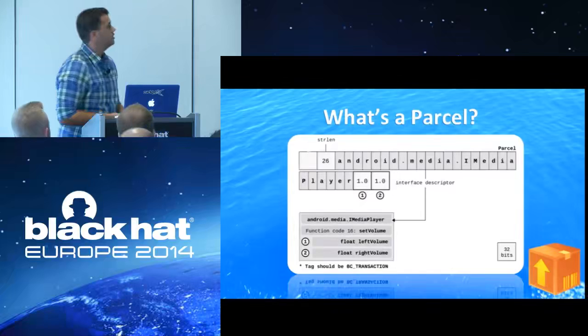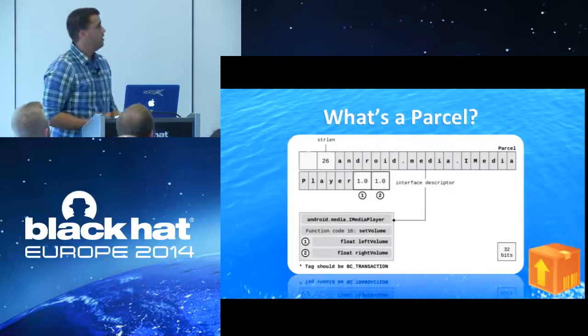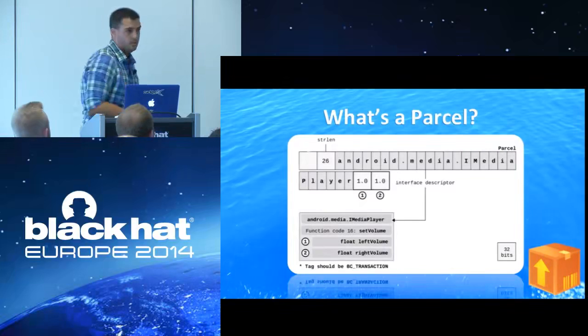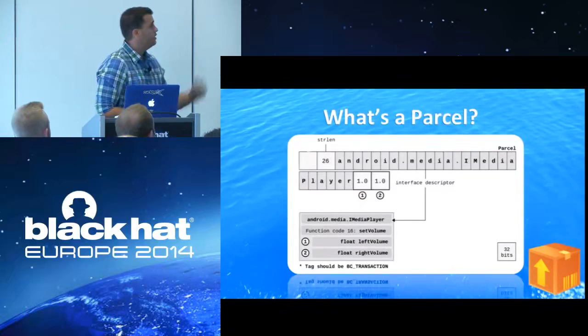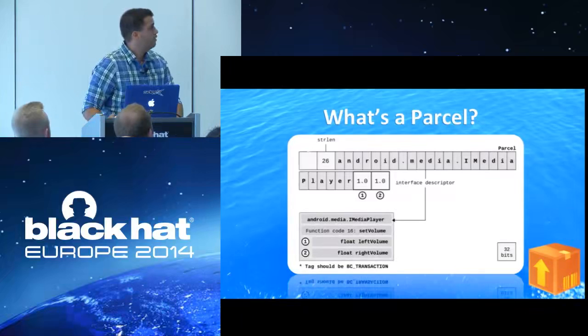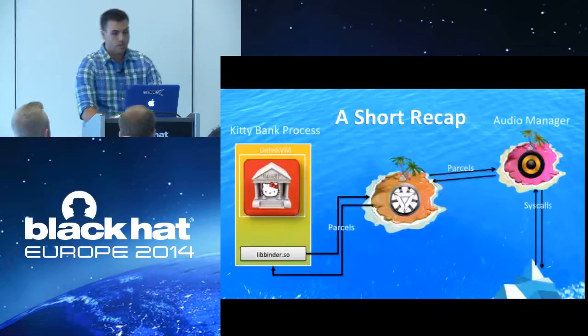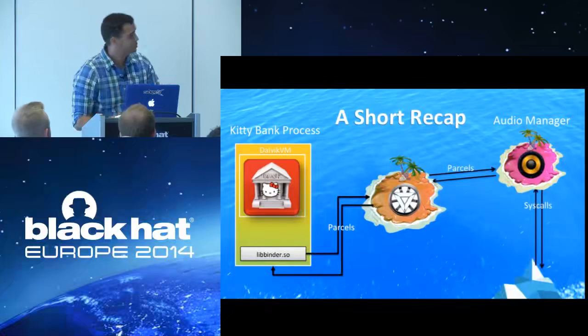The function code is going to tell us which function we want to invoke on the other side, and then we're going to pass the arguments to this function. In this example, we're going to send two numbers, the left volume and the right volume, and in this case, they're ones.